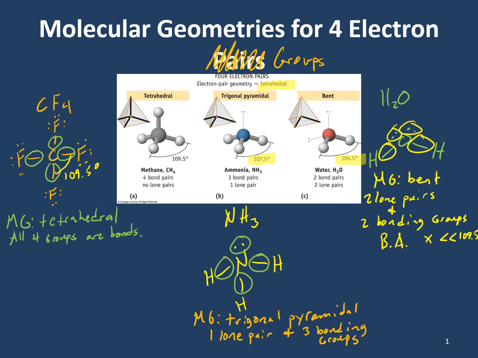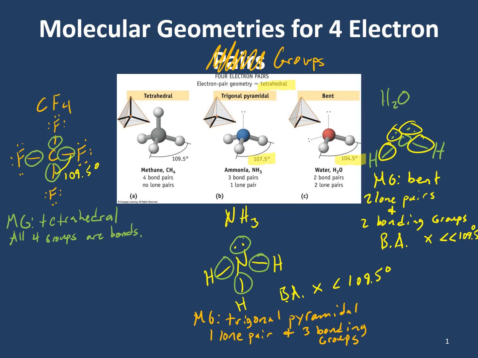And I forgot to include that over here. For our trigonal pyramidal, its bond angle would be just less than 109.5 degrees. So as we add more lone pairs, those bond angles shrink even more. All right, so that's tetrahedral electron group geometry.